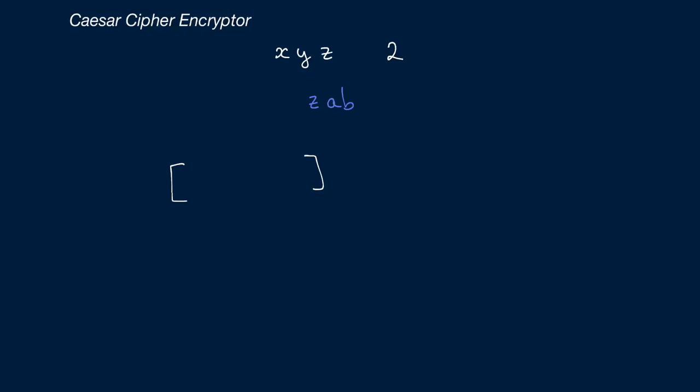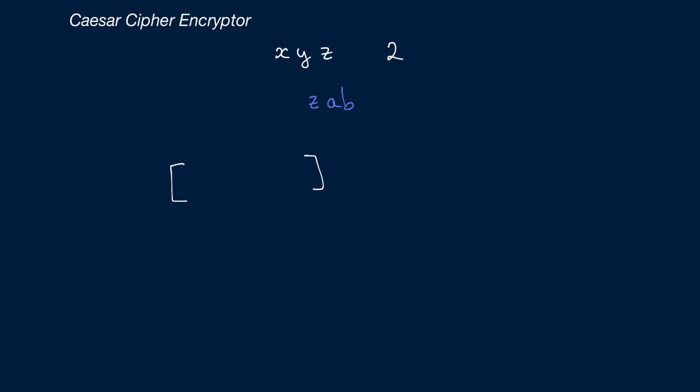One way that you can implement this function is to use Unicode values. So if you're unfamiliar with Unicode values, basically, I think the majority of languages have built-in functions that will take in a character and return that character's Unicode value. So in Python, for instance, the function that does that is the ORD function, O-R-D. It takes in a letter and it returns its Unicode value.